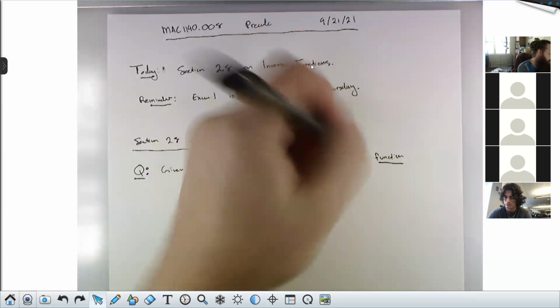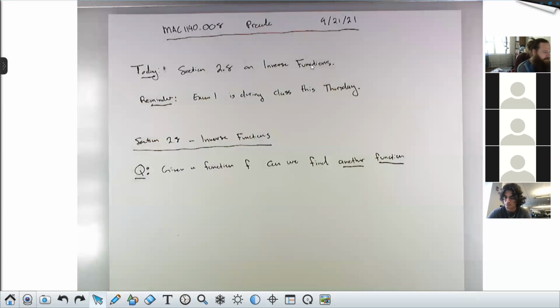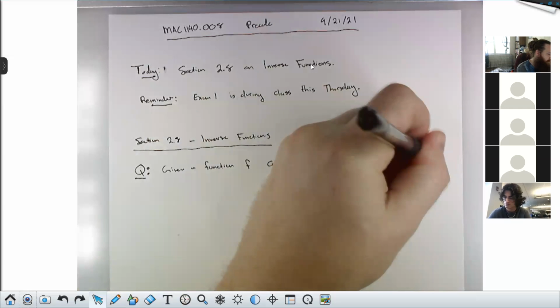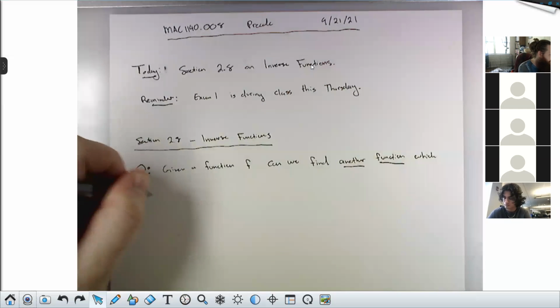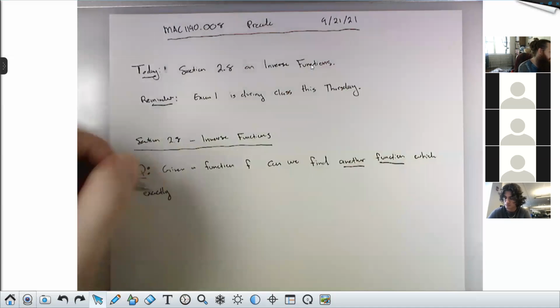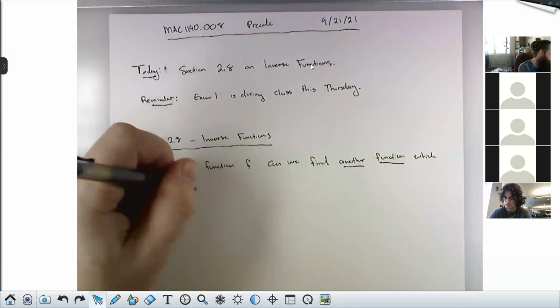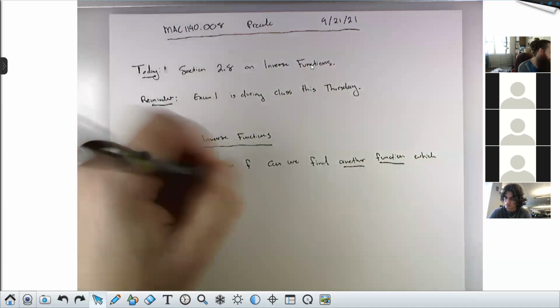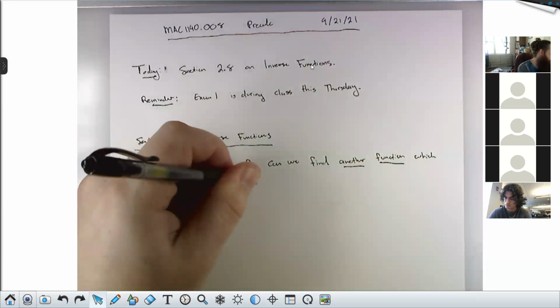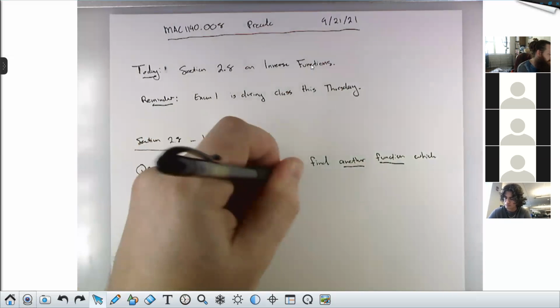And I want to emphasize that this thing should be a function. Can we find another function which exactly undoes whatever f does?